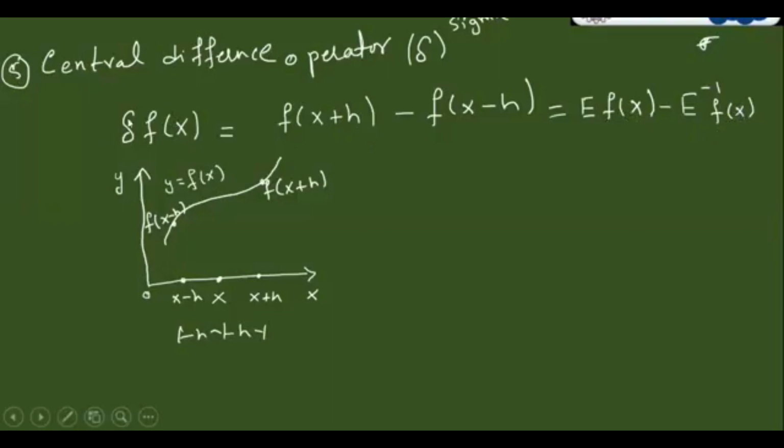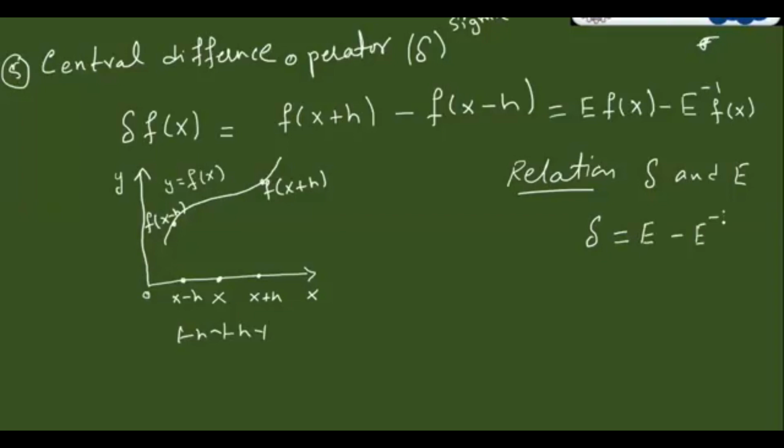If I remove f of x from both sides, I will get the following relation between the central difference and the shift operator E. The relation is quite easy: the central difference operator is equal to the shift operator minus the backward shift operator. So this is the relation.